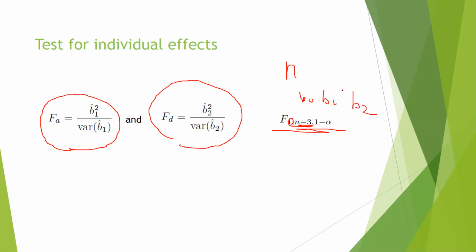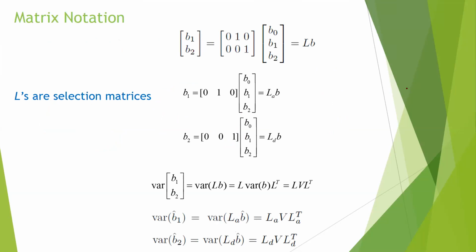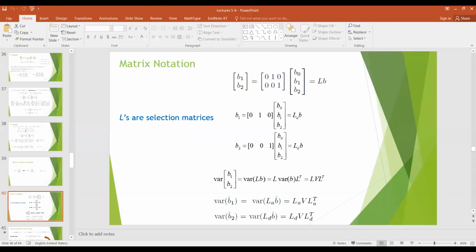This costs us 3 degrees of freedom. So finally, we have n minus 3 degrees of freedom. Is that clear? Okay, good. All right, before we move forward, let me give you an example.